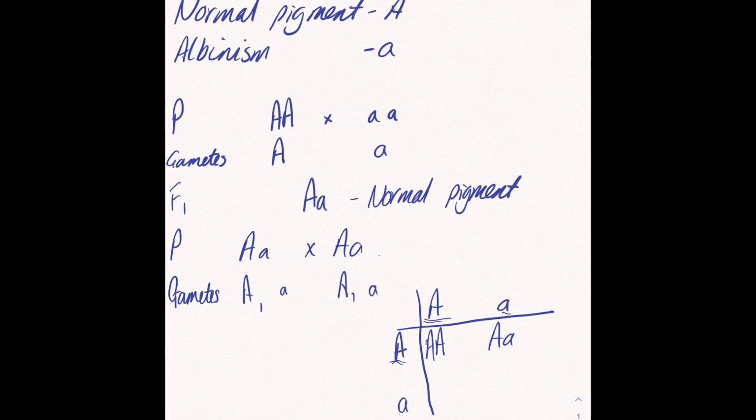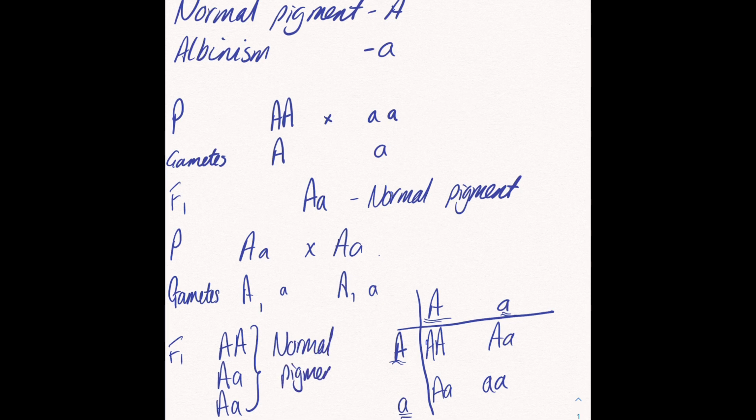This gamete and this one will be another heterozygous, and then the two recessive alleles at the end there will be homozygous recessive. So this time in the F1 we have got one homozygous dominant, two heterozygous, and one homozygous recessive. So these ones are all normal pigment, and then this one is albino.